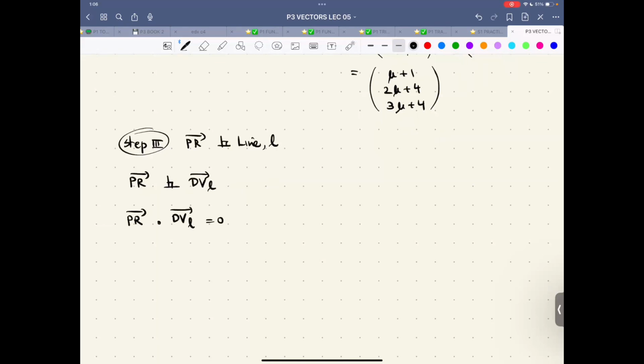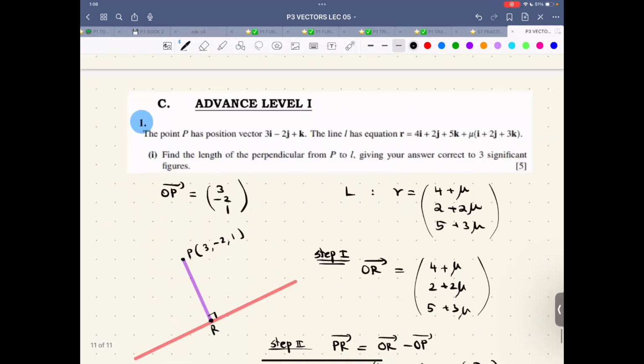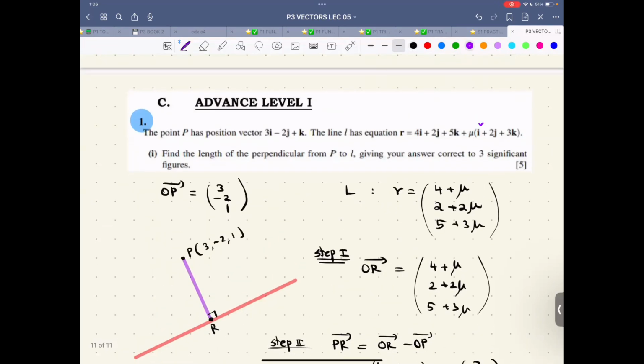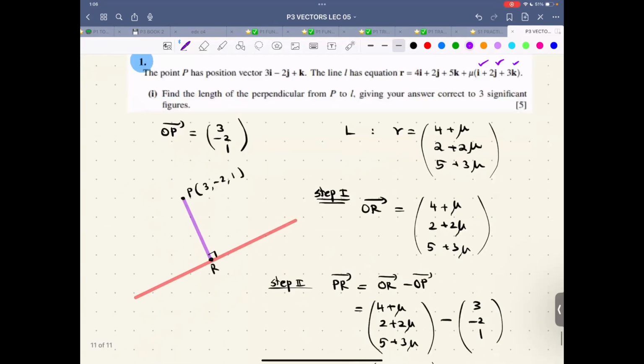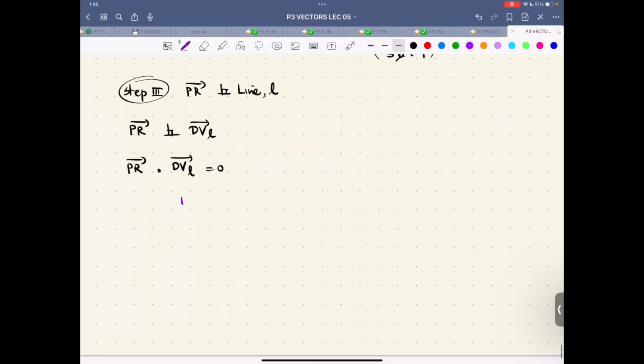That is a property of perpendicular vectors. Direction vector of line L is 1, 2, 3. So this is 1, 2, and 3. And this equals 0.